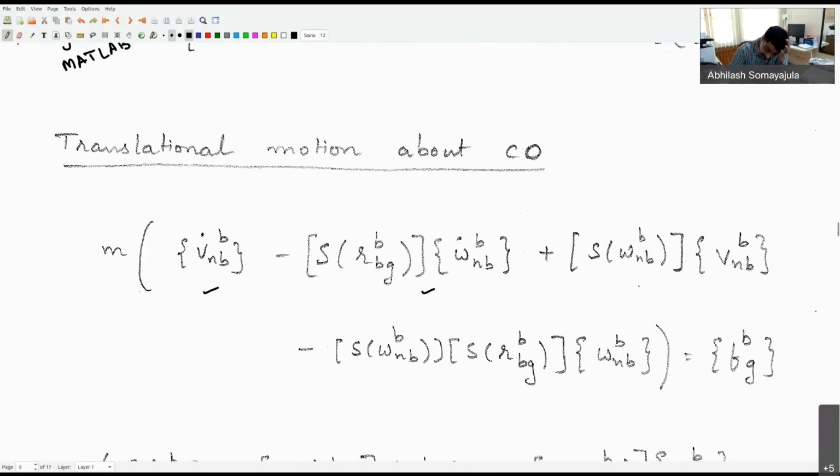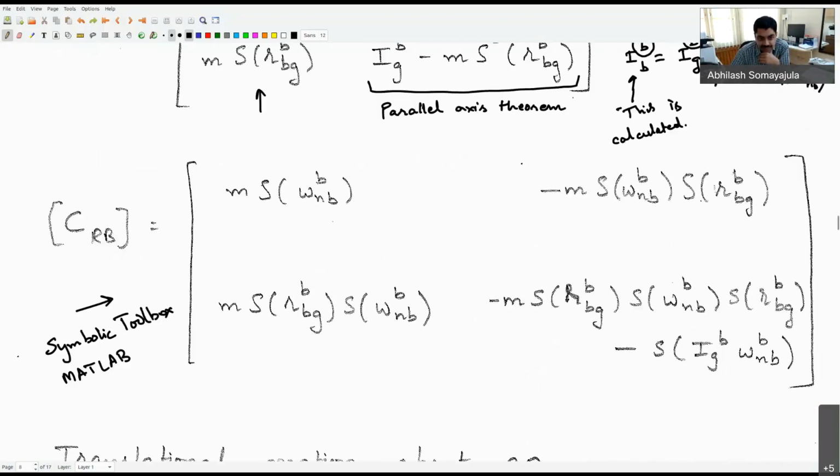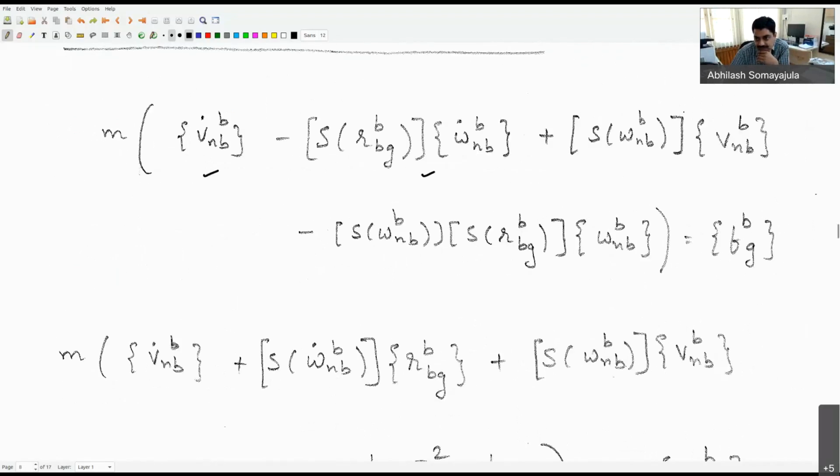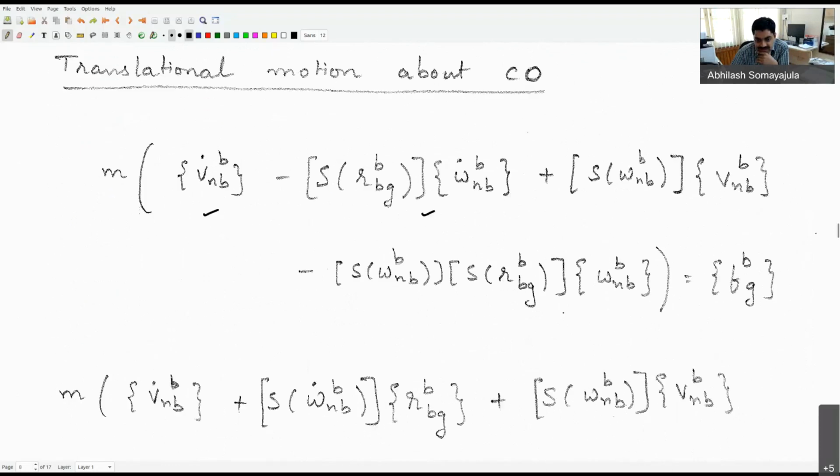Then we have the next term, which is coming from the top half of this C_RB matrix: m times S(omega_nb) times the velocity vector, minus this entire thing, S(omega_nb) S(r_bg) times omega_nb. Is this making sense? The second part gets multiplied by the omega value.